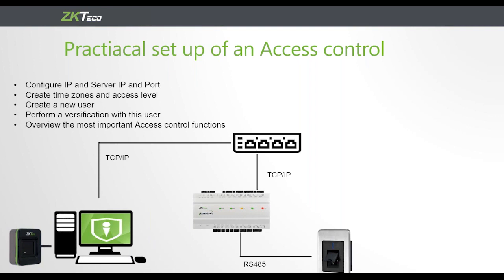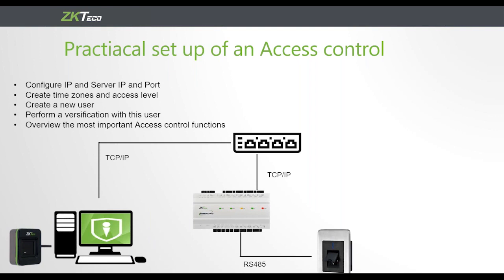Okay, the target of this practical session is, first, I want to show you how to configure the IP address, server IP, and the server port in the controller. Then we will create some time zones and access levels.